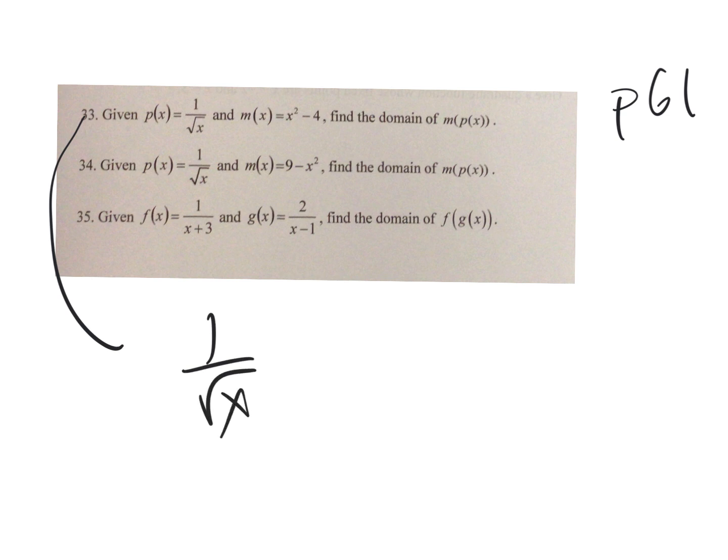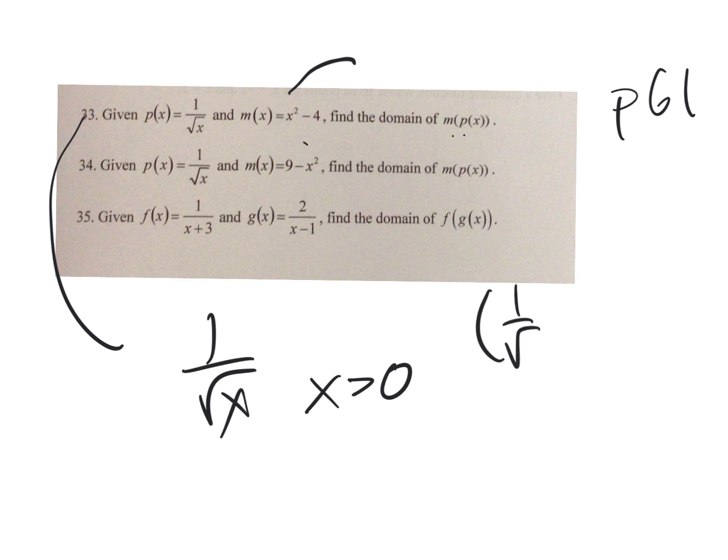Well, I can't divide by 0, and it can't be equal to 0 here, because that would be 1 over 0. So that domain would have to be that x is greater than 0. Okay, so that domain's still there. If I find m of p of x, I'm going to drop in that 1 over x squared. And this doesn't have any domain limitations, right? There's no way I can get a square root of a negative number and I'm not dividing by 0.